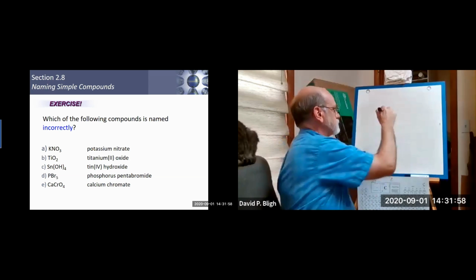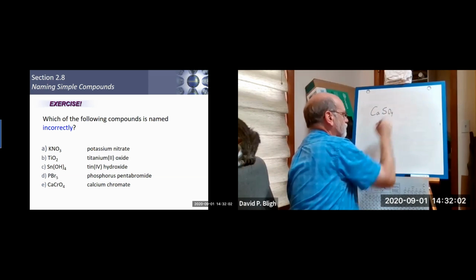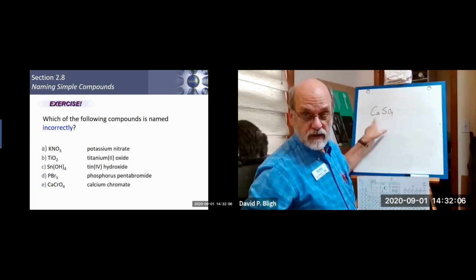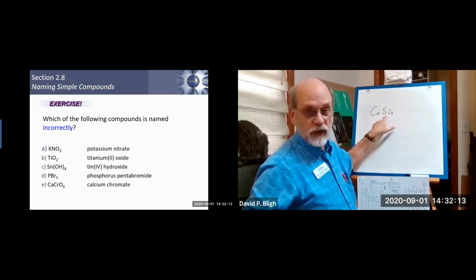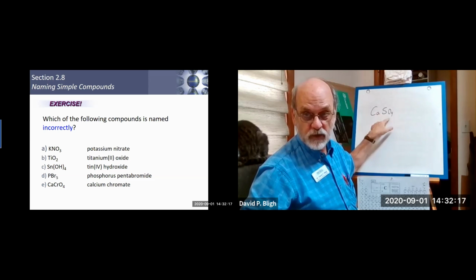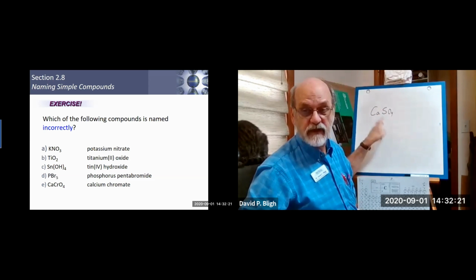Perfect example. That's a sulfate anion. That's calcium. Calcium is an alkaline earth metal, so it has a 2+ charge. Sulfate is a polyatomic ion with a 2- charge. So one of these and one of those together, neutral. That's calcium sulfate.